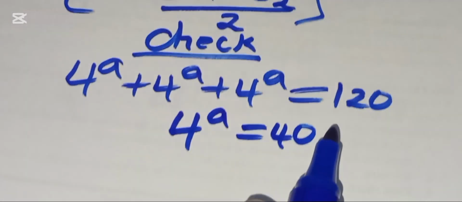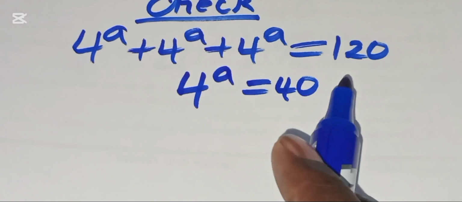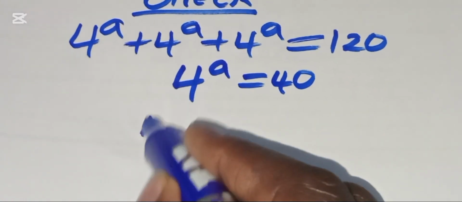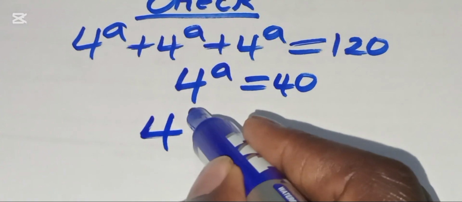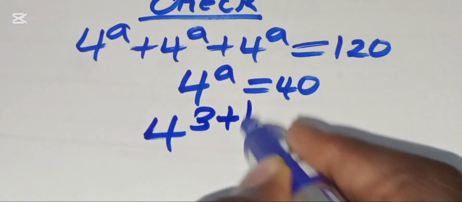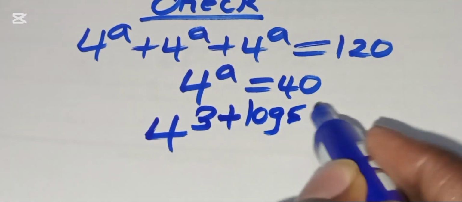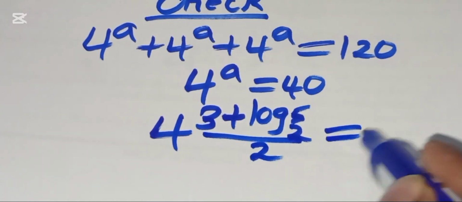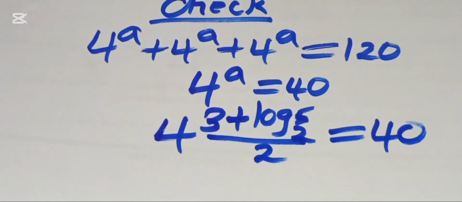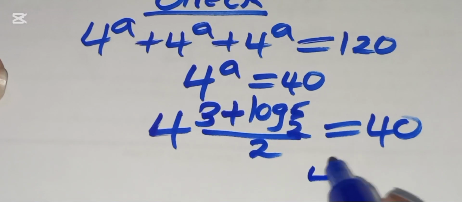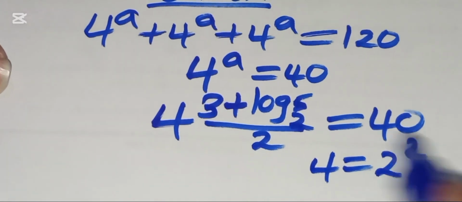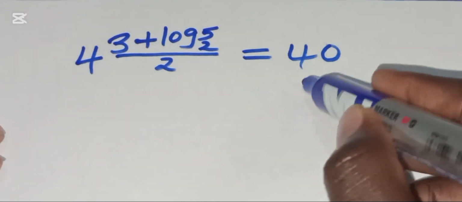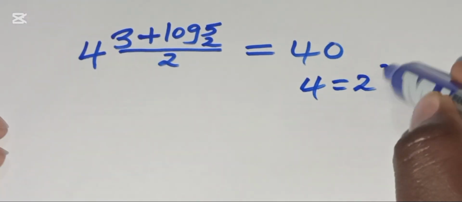Now let's substitute the value of a, that is 4 raised to power (3 plus log 5 to base 2) divided by 2. This should give us a value of 40. Now we can express 4 as 2 raised to power 2.